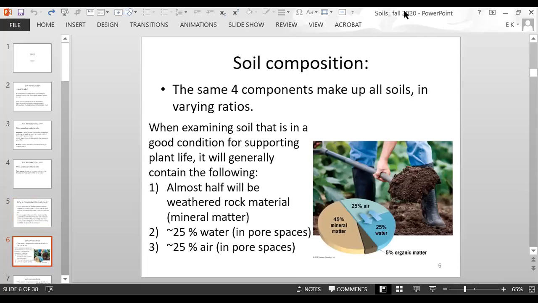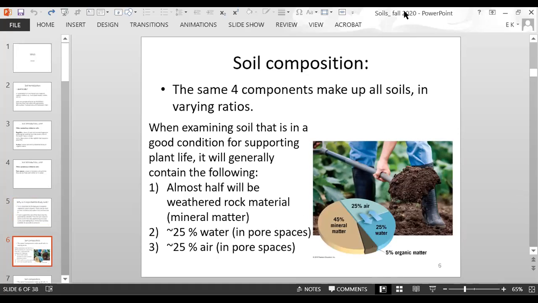So what is soil made of? The same four components make up all soils in varying ratios. When you examine a soil that is in good condition for supporting plant life, generally that type of soil will contain the following. Almost half of it will be made of weathered rock material, which we call mineral matter.